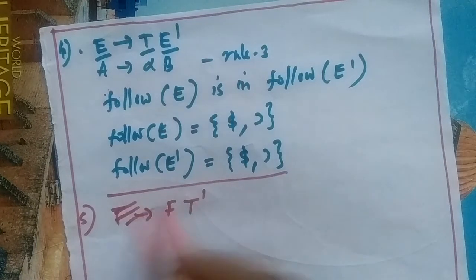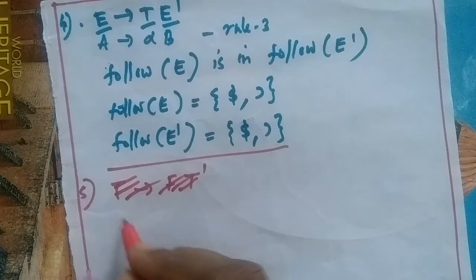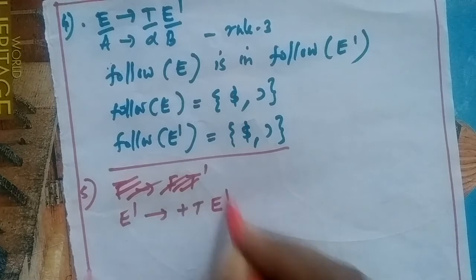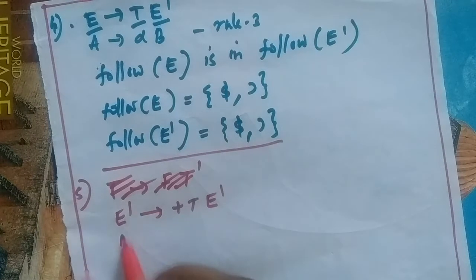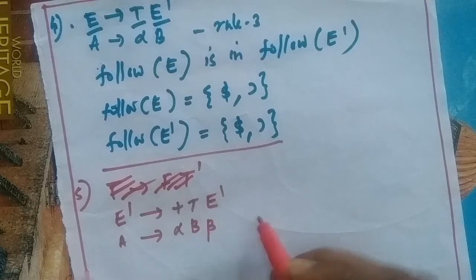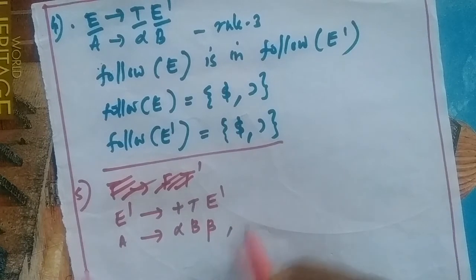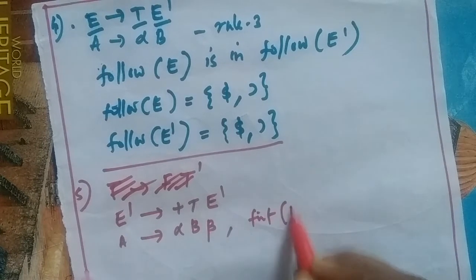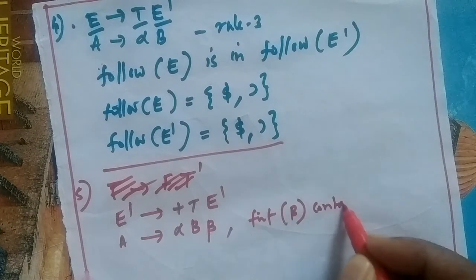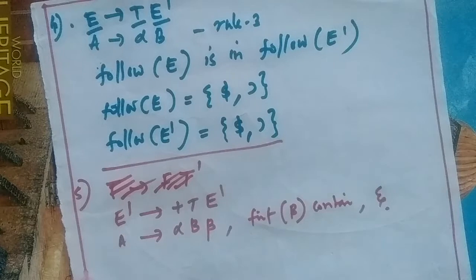Before that, one more simple rule. Look at E gives T E dash. This is of the form A gives alpha B beta, where first of beta contains epsilon. So I will check it.